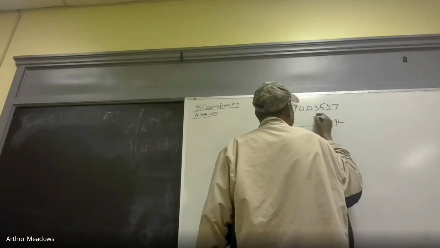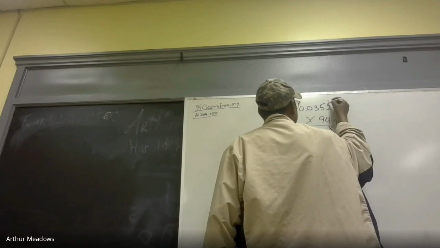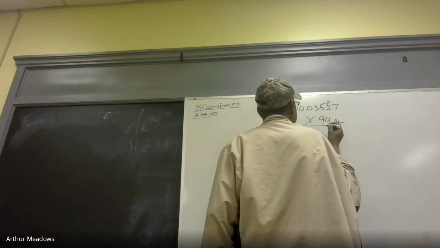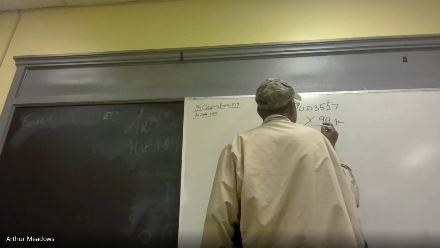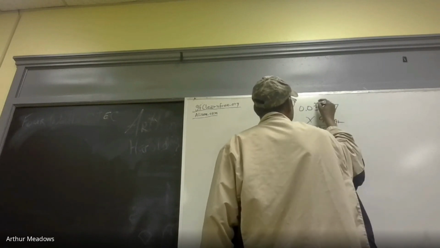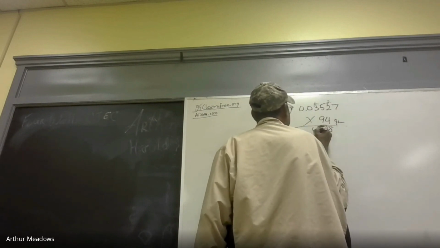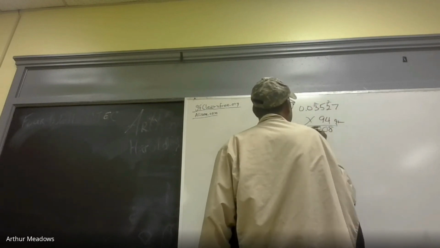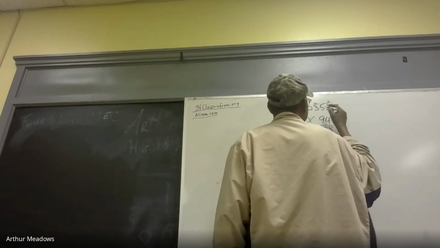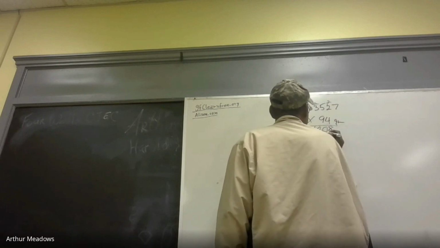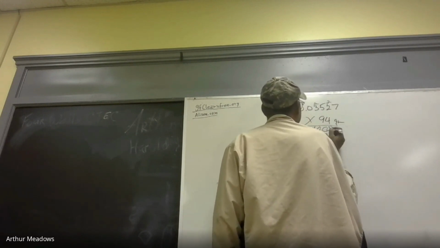Okay, so we're doing this here. 4 times 7, 28. 2 over. 4 times that is 8, makes it 10. 4 times 5 is 20. 2 over. 4 times 3 is 12, plus 2, 14. 4 times 0 is 0. Now we're going 9 times 7, 63.